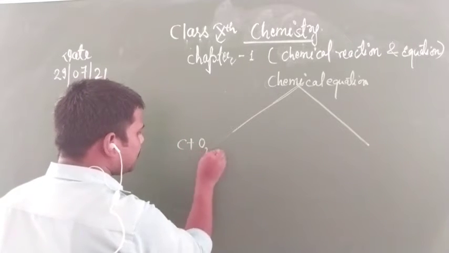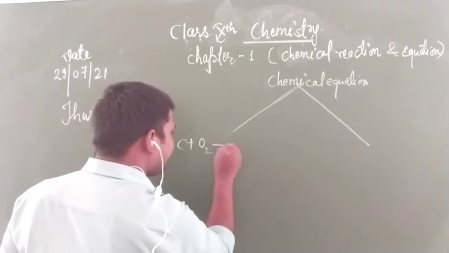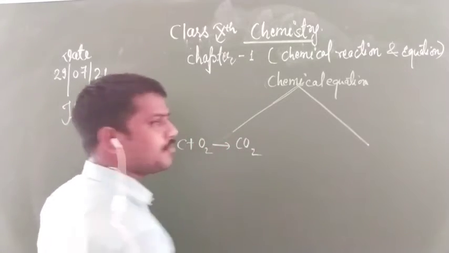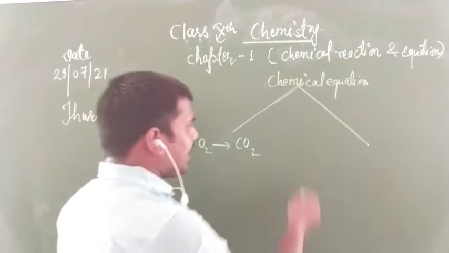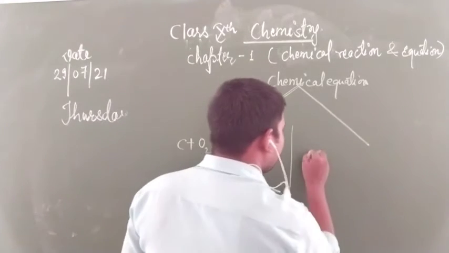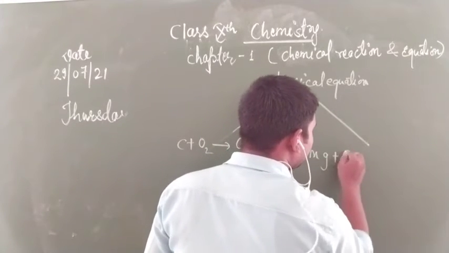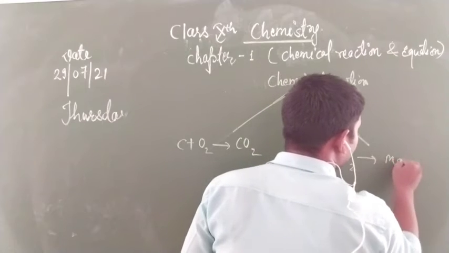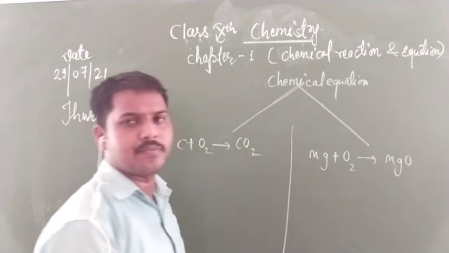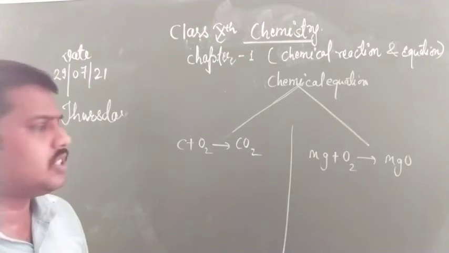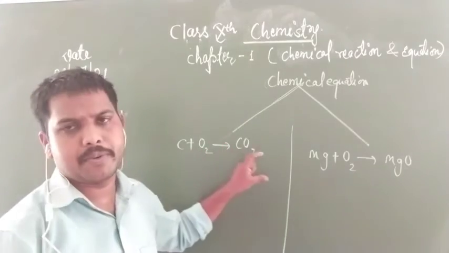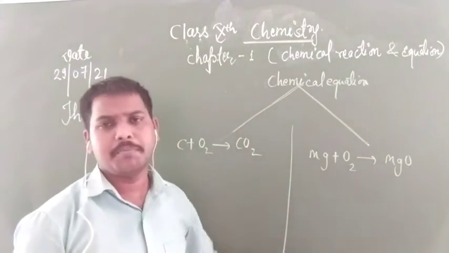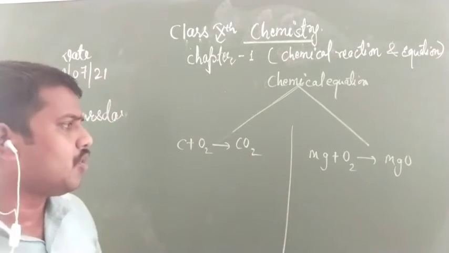Carbon burns in oxygen, it gives carbon dioxide. And magnesium burns in air, it gives magnesium oxide. Okay, we have taken two examples: carbon burns in air gives carbon dioxide, and magnesium burns in air gives magnesium oxide.